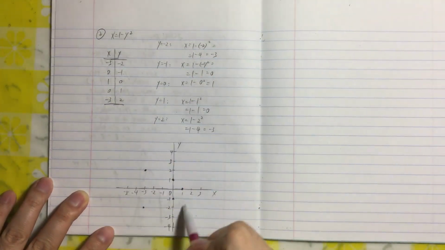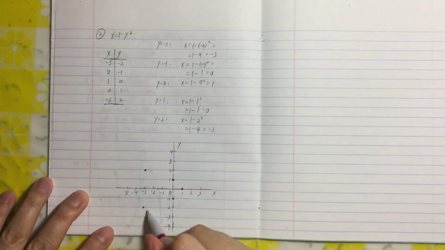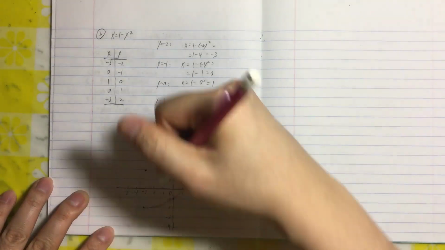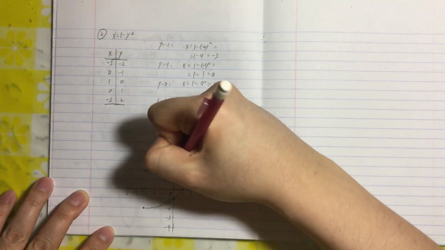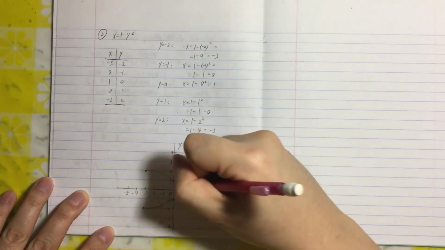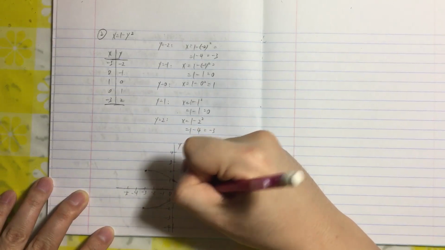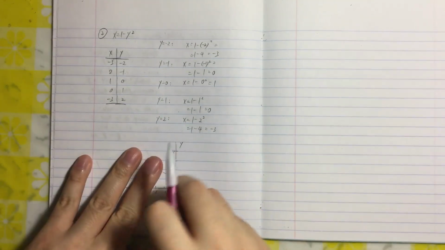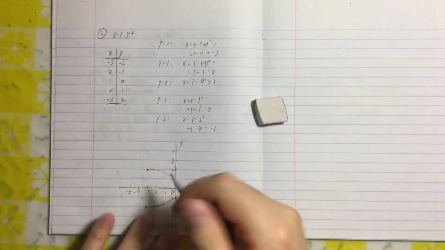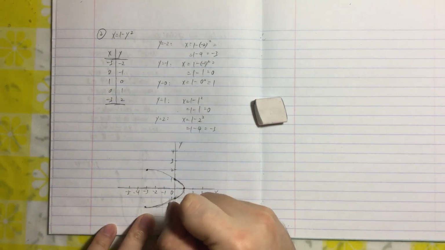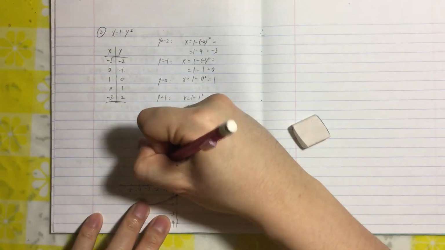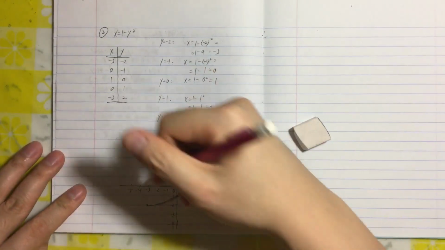Then connect the points using a smooth curve. In general, we need to extend the curve.